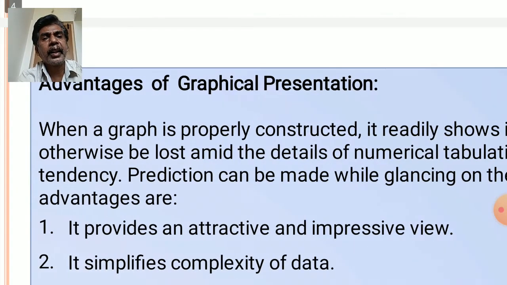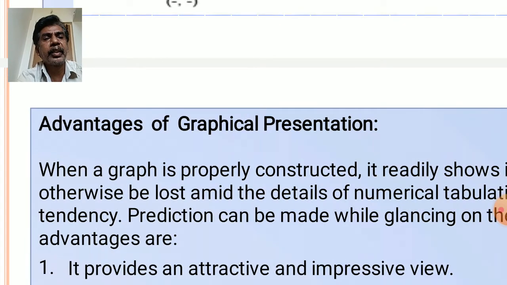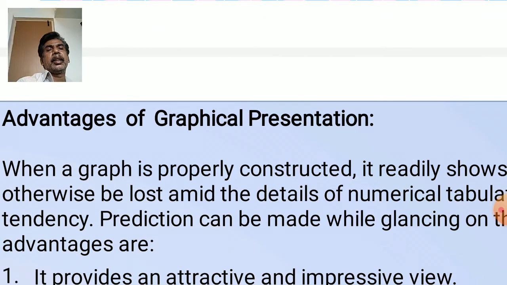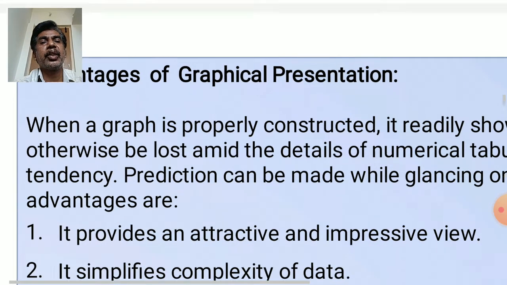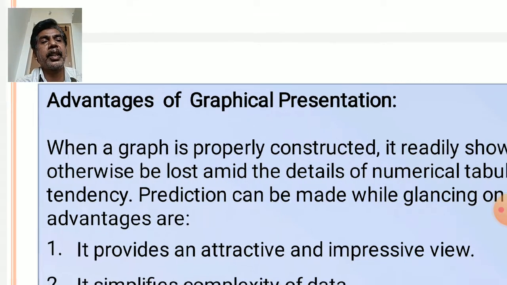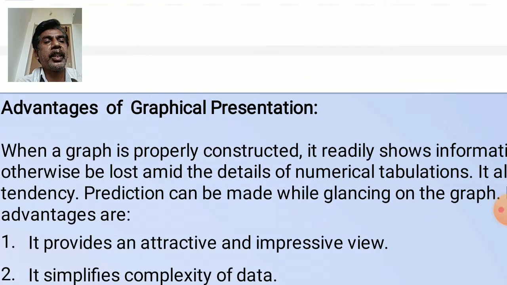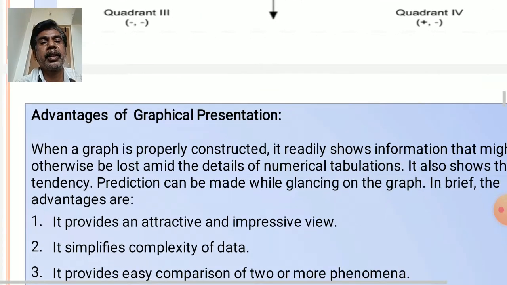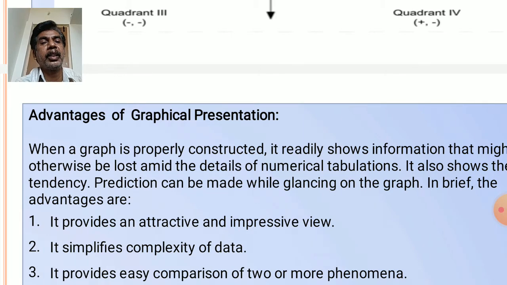Now, advantages of the graphical presentation. What are the advantages of using graphs or graphical presentation? When a graph is properly constructed, it readily shows the information that might otherwise be lost amid the details of numerical tabulations.